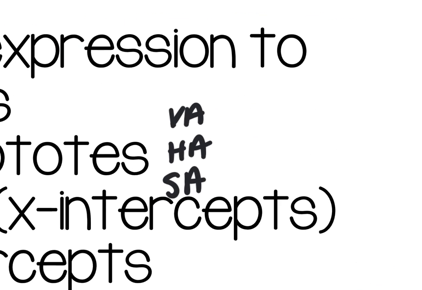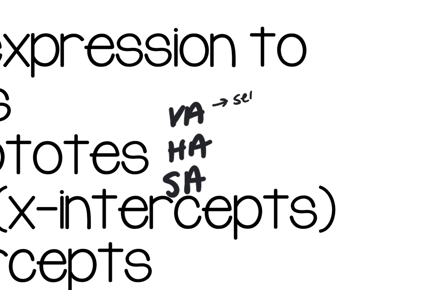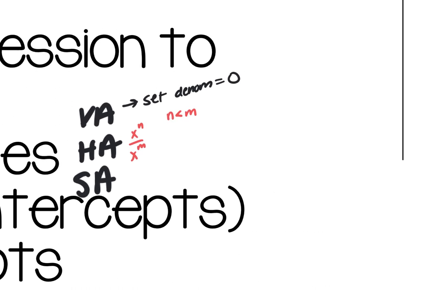So as a reminder, vertical is by setting your denominator equal to 0. Horizontal has 2 parts. If it's x to the n over x to the m, and n is less than m, then my horizontal is y equals 0.